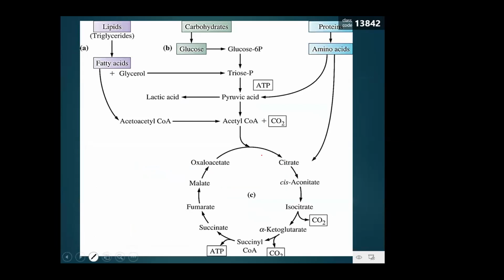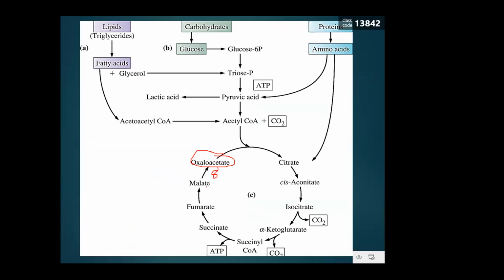So for our citric acid cycle, as I mentioned earlier, we have 8 steps. This is the last one, our oxaloacetate. This is the end product of our citric acid cycle, the oxaloacetate.